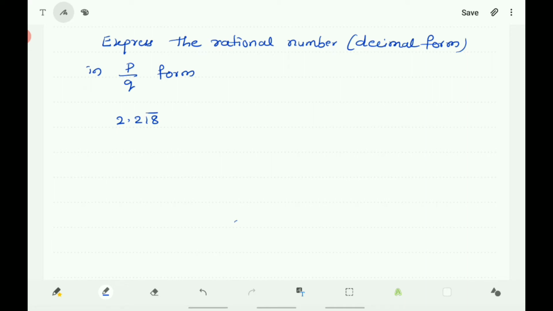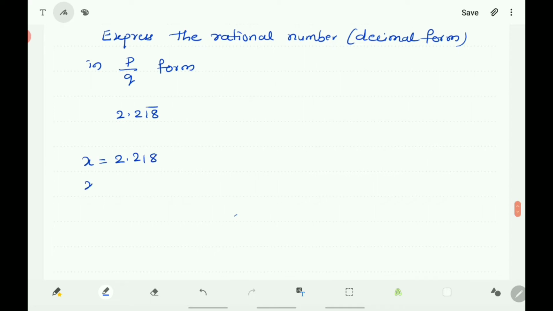The digit 2 is not recurring here. So let us consider x is equals to 2.2181818, where 1 and 8 are recurring. And here 2 is the digit which is not recurring.